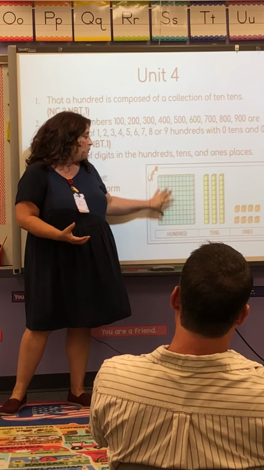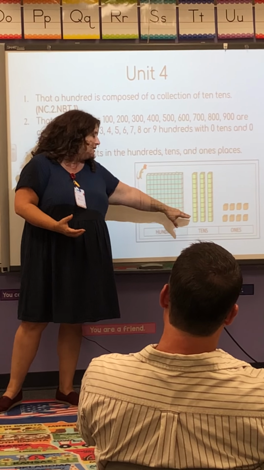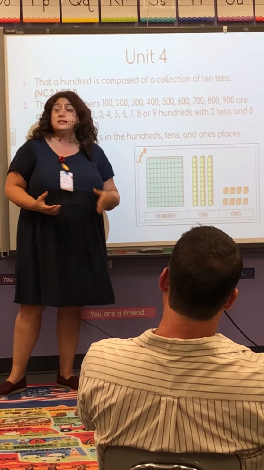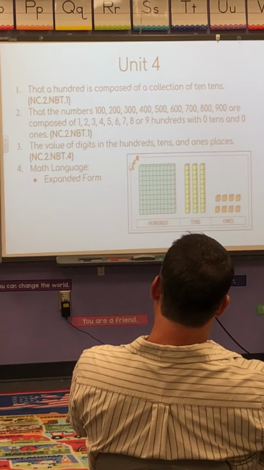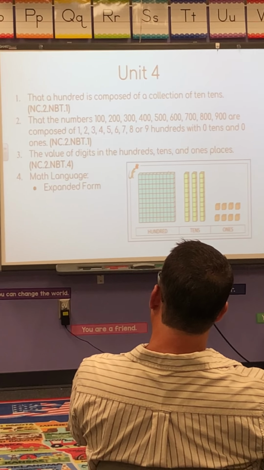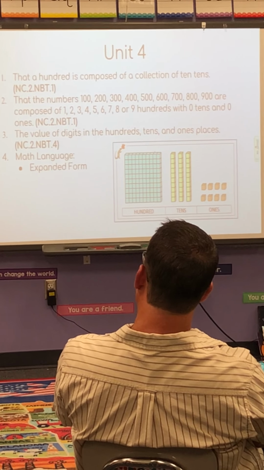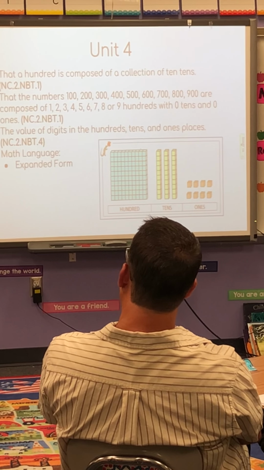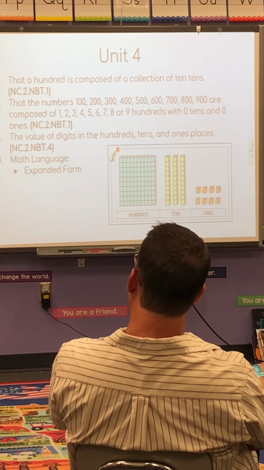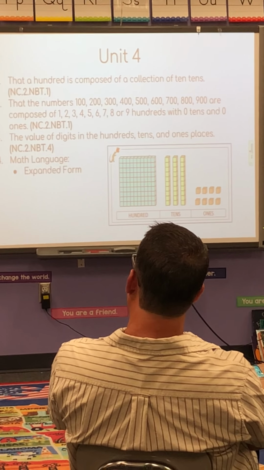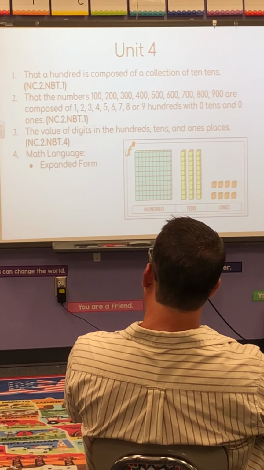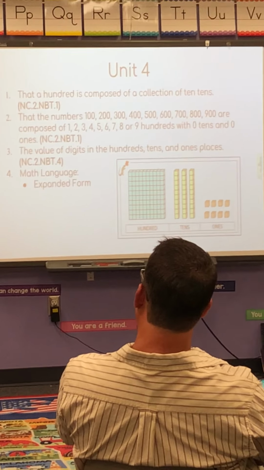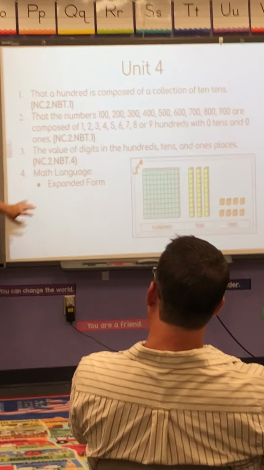We use a square, 10 sticks, and singles or units, but when they move into proof drawings, they basically draw those things. So if that's what you're seeing at home, a square is how they would draw the value of 100. A stick or a line would be the 10, and the singles, of course, would be 1.